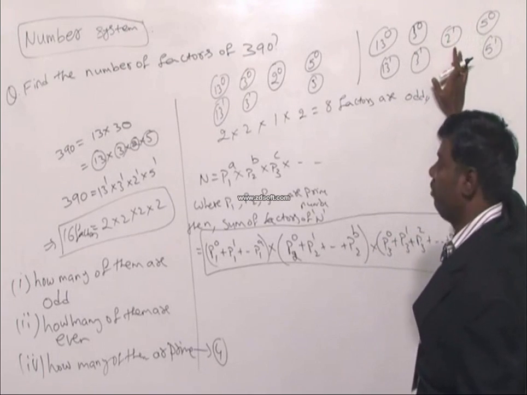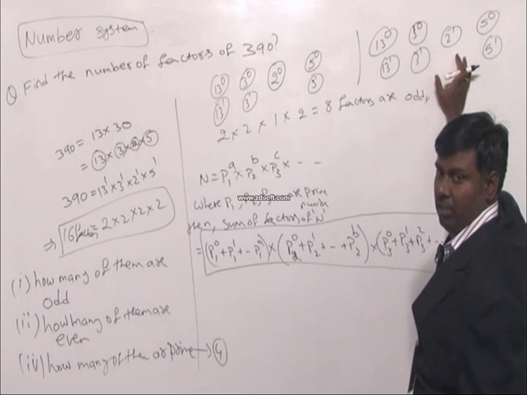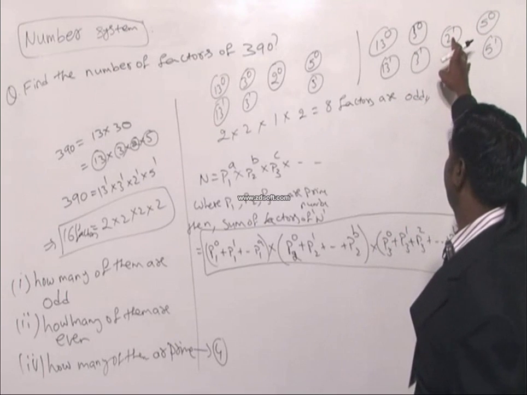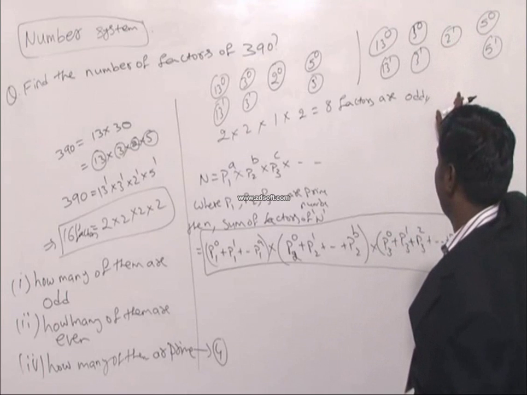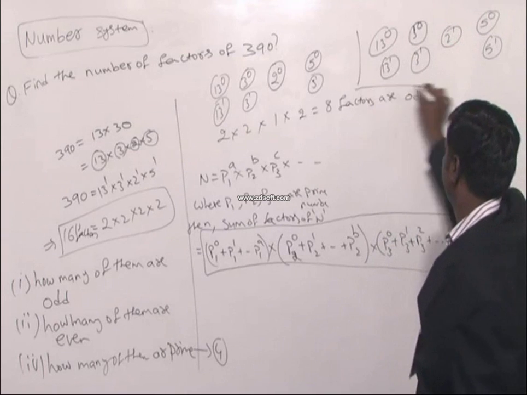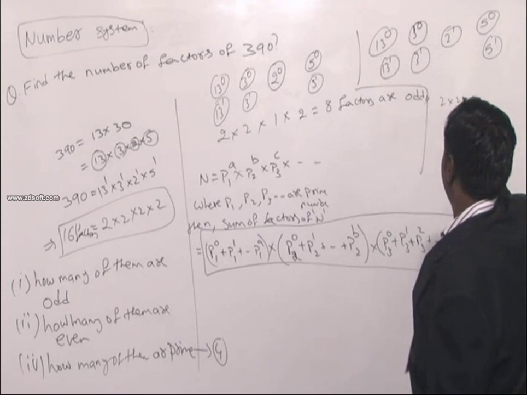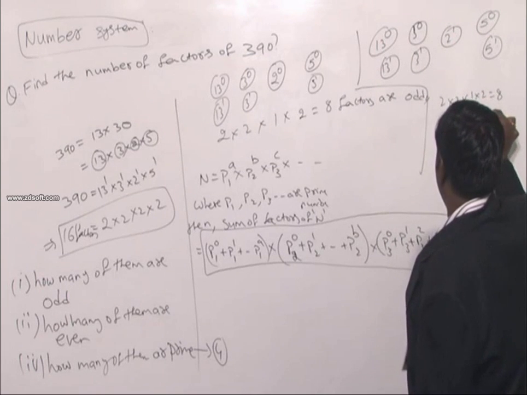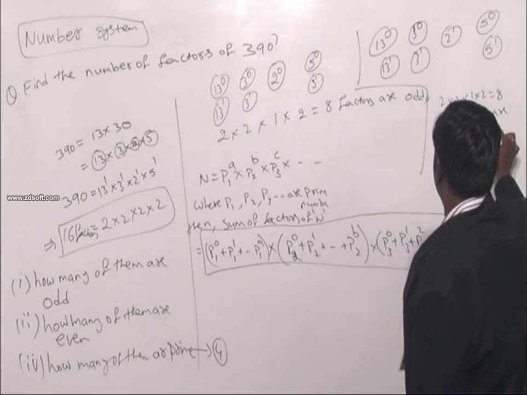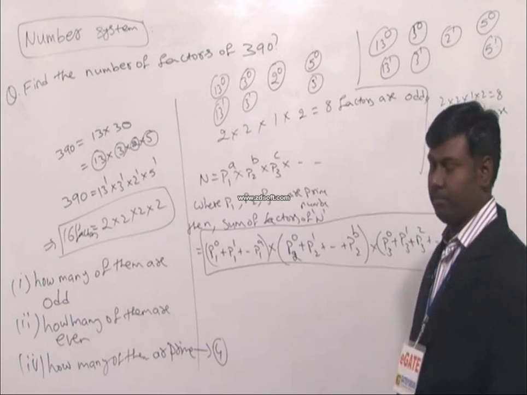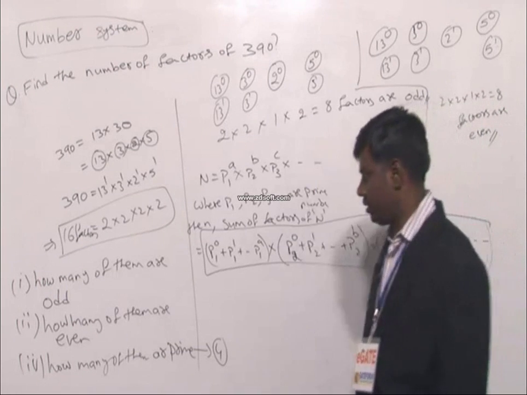Here you have only 1. If you have, let us say, 2 power 2 also, then in that case 2 power 1, 2 power 2 you will get, right? So here 2 into 2 into 1 into 2, that is 8 factors are even. Please take them fast.